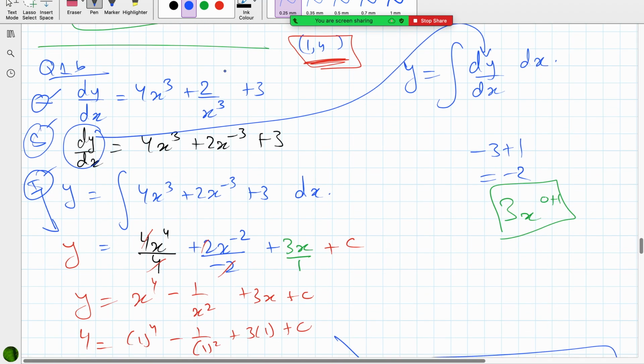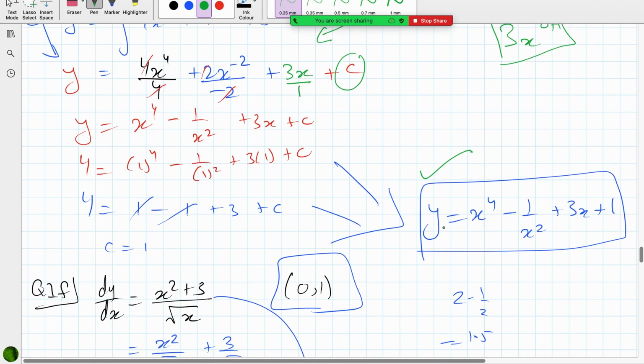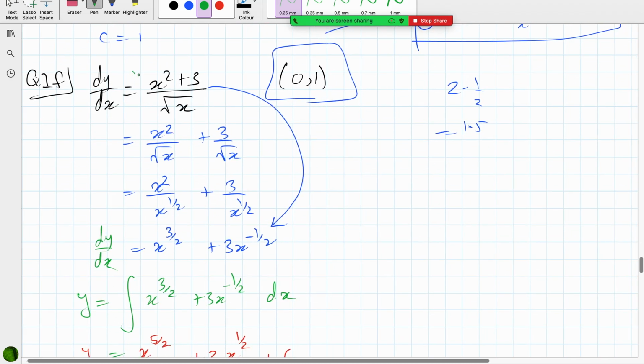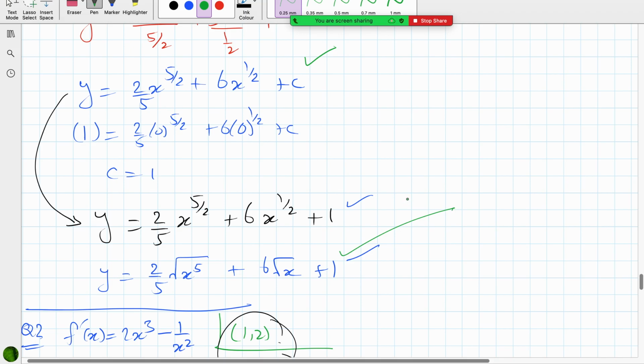1b. Differential is given, point is given. We integrate the equation, we substitute the set of values, find C, state the equation.